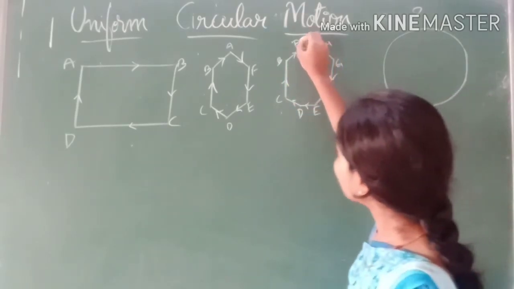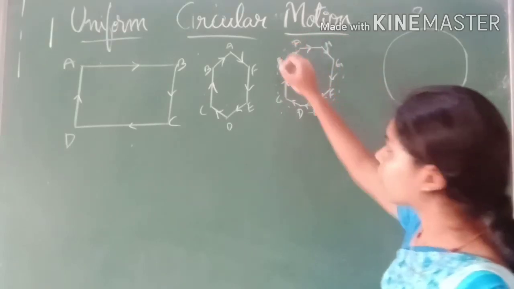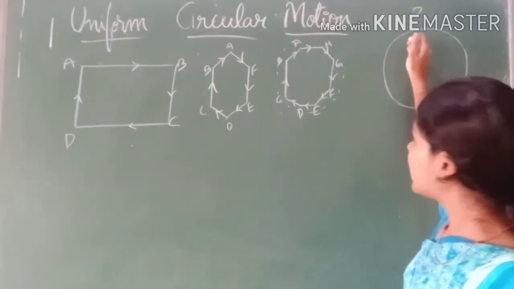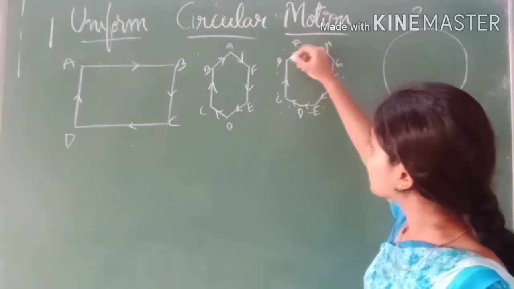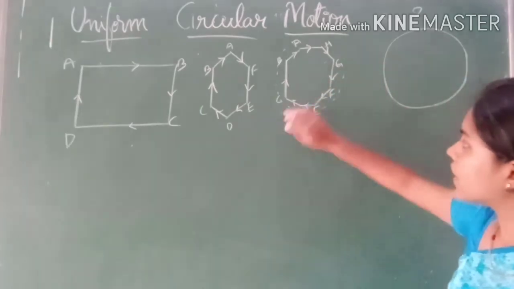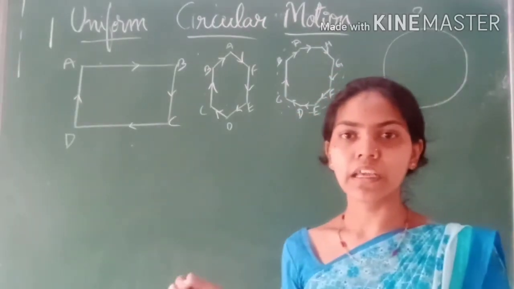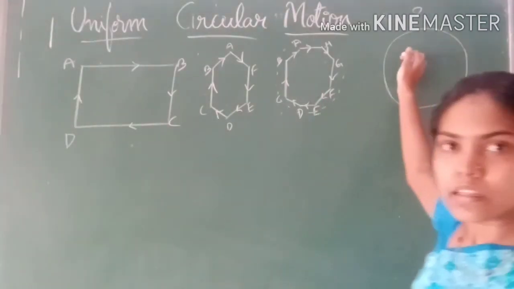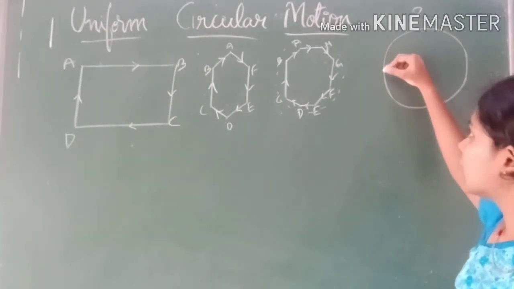So as you keep on increasing the number of sides, at a particular point the object attains an indefinite number of sides. The indefinite number of sides is nothing but the circle. In the circle we can observe indefinite sides. And what is the length of each side?